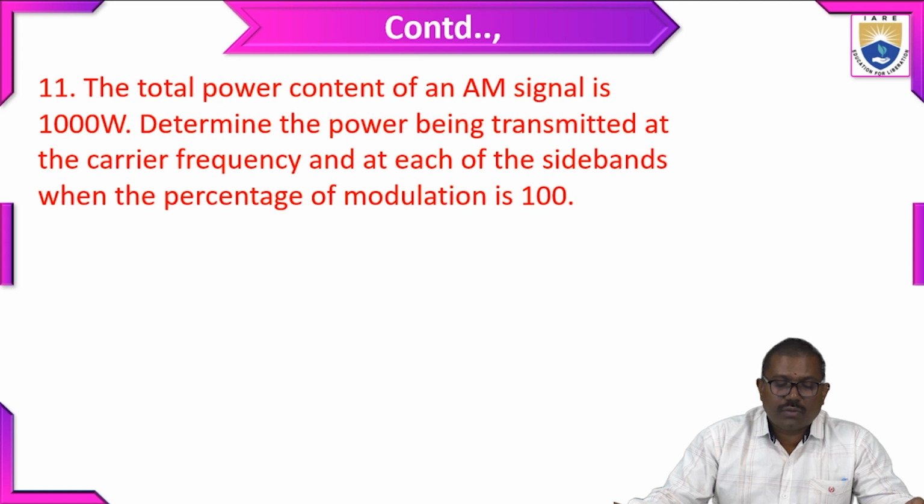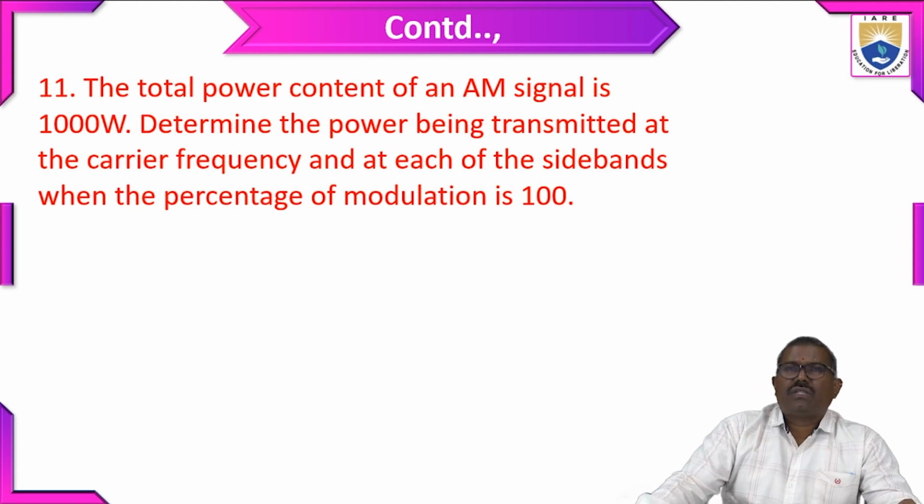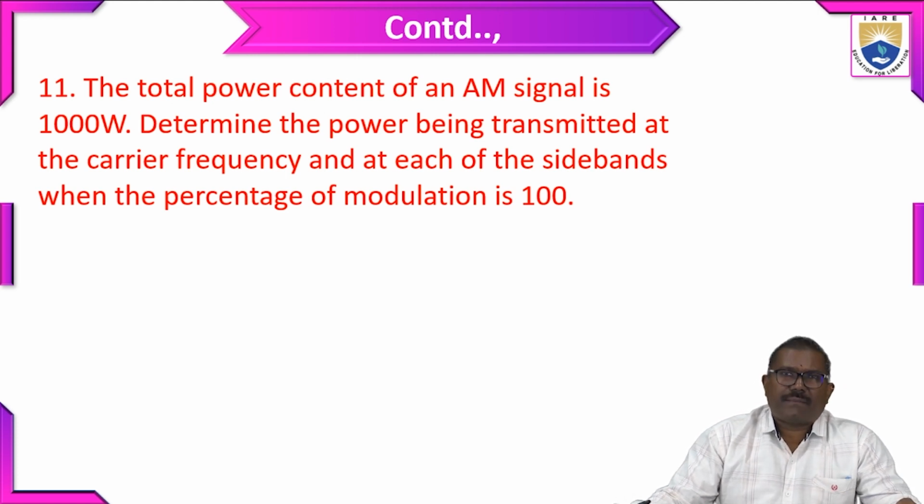So in this problem, the total power content of an AM signal is 1000 watt. Determine the power being transmitted at the carrier frequency and at each of the sidebands when the percentage of modulation is 100. So here they gave power. They gave total power 1000 watts and they gave mu value. Mu is 100 percent means 1.